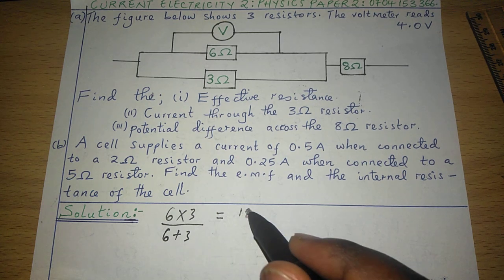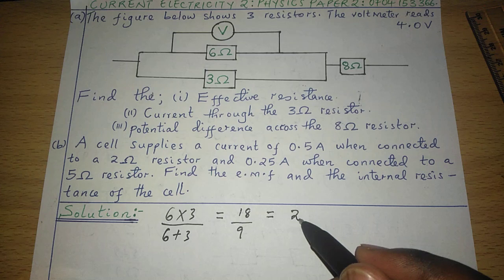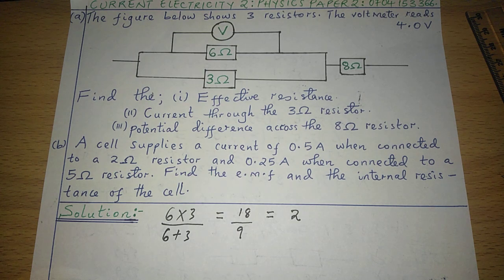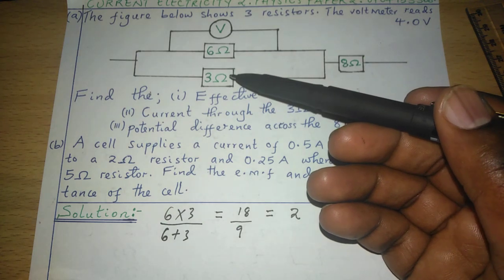This becomes 18 out of 9, which is 2. So we have 2 ohms, a resistor that can replace the 2 which are in parallel.